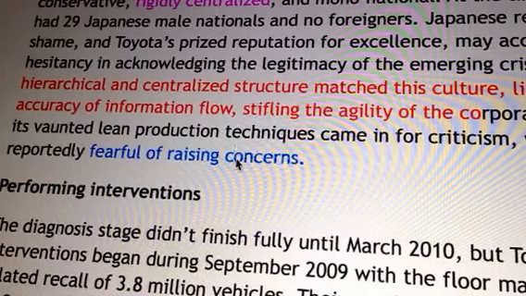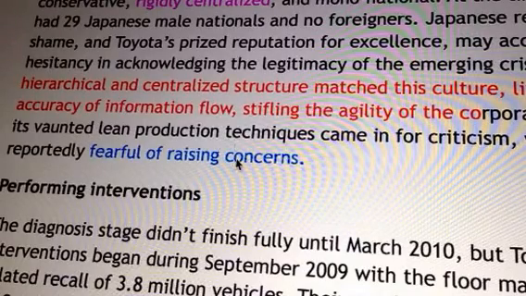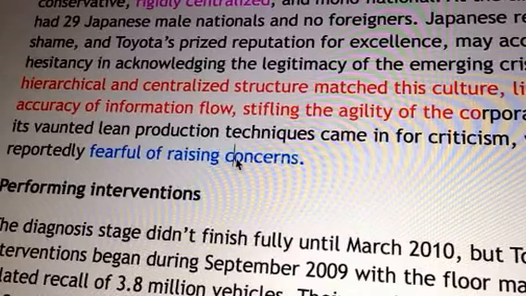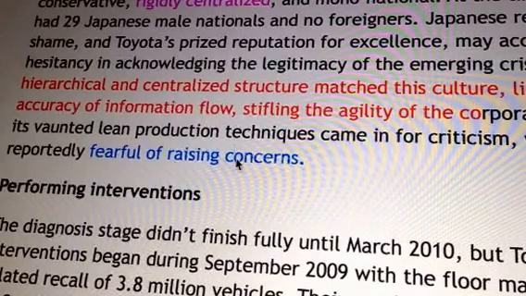They didn't want any delay or concern, so they kept silent, afraid of the managers. That's what mainly caused the problem.